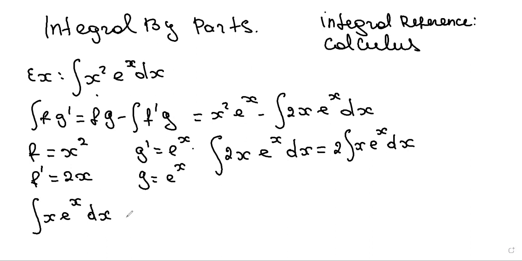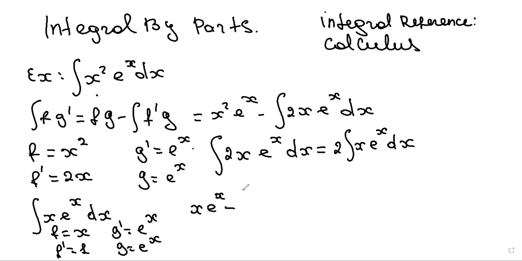So again, to integrate this x e to the power of x dx, we use our integration by parts technique. We call f equal to x, and f derivative is going to be 1, g derivative is e to the power of x, and g is equal to e to the power of x again, and we are going to have x e to the power of x minus the integral of e to the power of x dx.